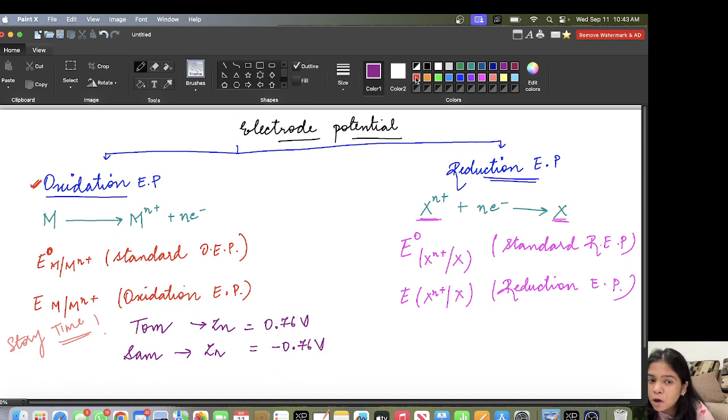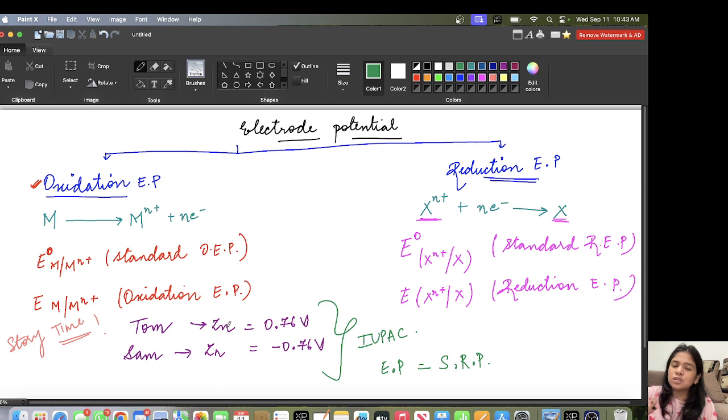So this problem was actually solved by IUPAC. This solution was given by IUPAC. What did they tell us? That whenever we are talking about electrode potential, let us assume that you are talking about standard reduction potential only. They said, let us assume your standard reduction potential is actually your electrode potential. Otherwise a lot of confusion will occur, right?